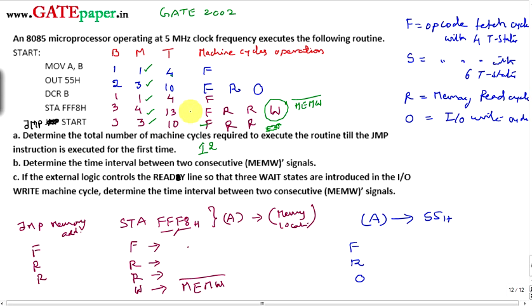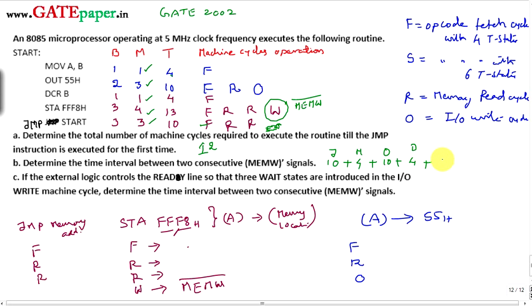The time interval between the 2 consecutive memory write signals is nothing but how many T states it is taking. First, after STA it is taking the jump instruction that requires 10 T states, and later MOV A,B which requires 4 T states. Next, the OUT instruction takes 10 T states. Next, the DCR B instruction takes 4 T states.